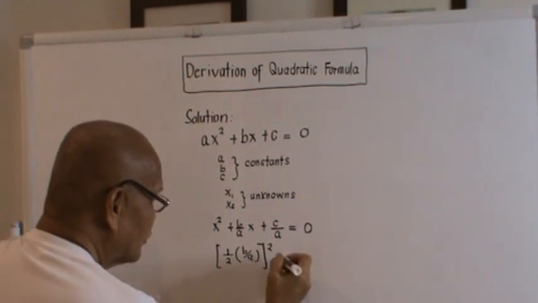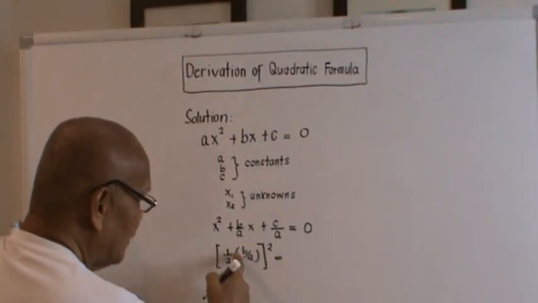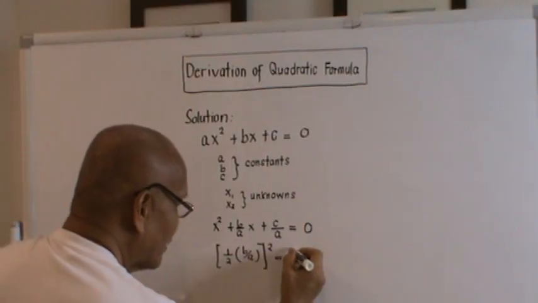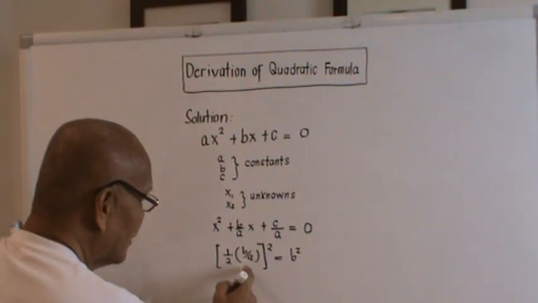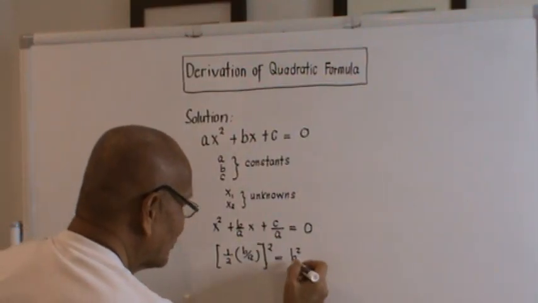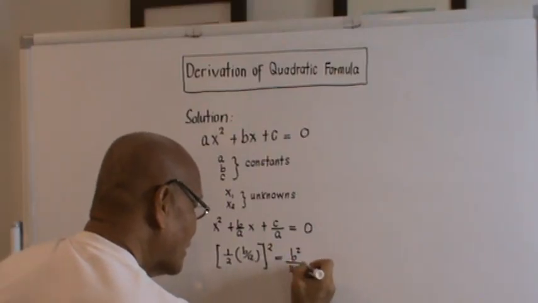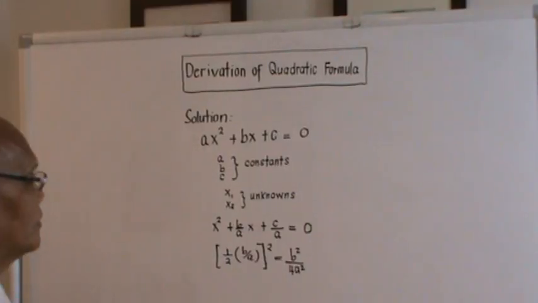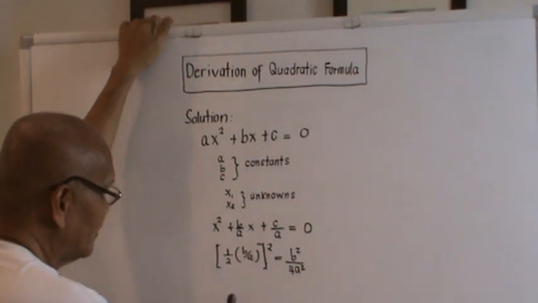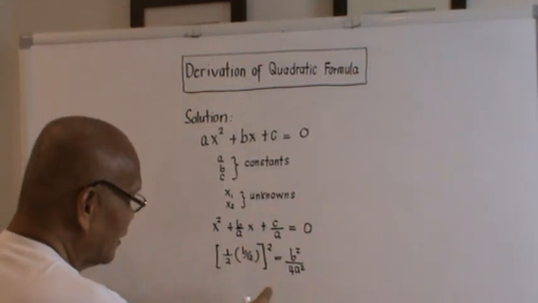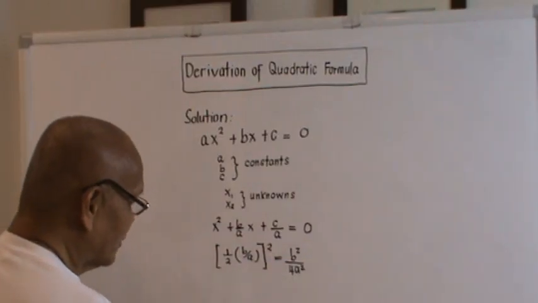If we simplify this one, b to the second power will be b squared, right? And 2a quantity squared will become 4a squared. Okay, you see it, guys? Because 1/2 of b over a is b over 2a, and the square of b is b squared, and the square of 2a will be 4a squared.